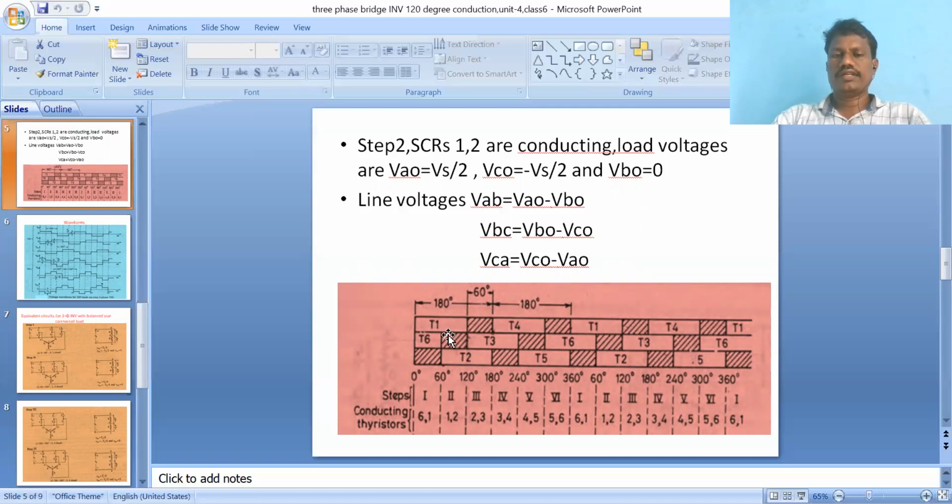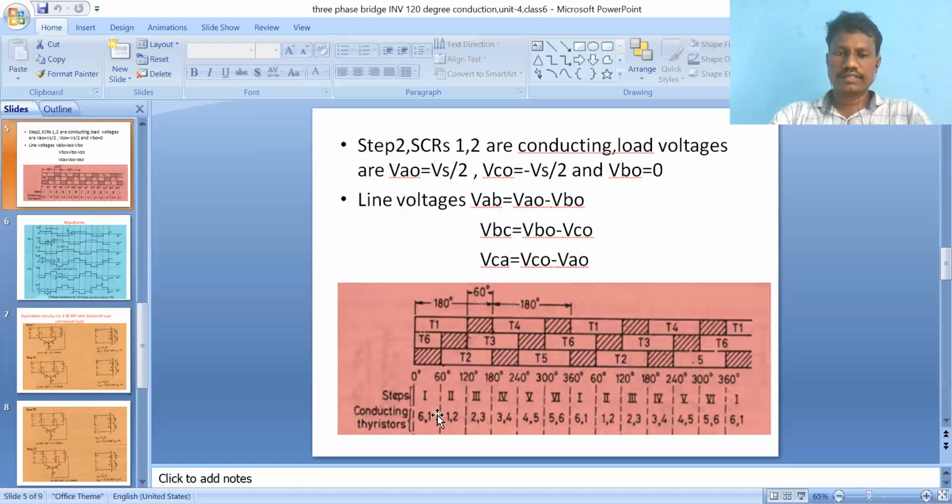After 120 degrees of conduction, for the next 60 nothing conducts in the first, second, and third limbs, depending upon the conduction period we consider. So in this case, from 0 to 60, two thyristors 1 and 6 conduct, 60 to 120, 1 and 2, 120 to 180, 3 and 2, 180 to 240, 4 and 3, 240 to 300, 4 and 5, 300 to 360, 5 and 6.